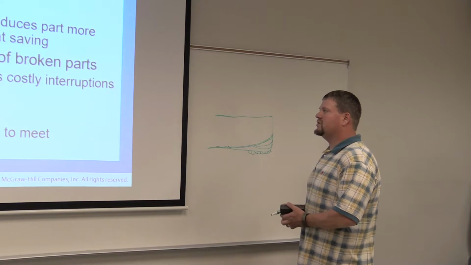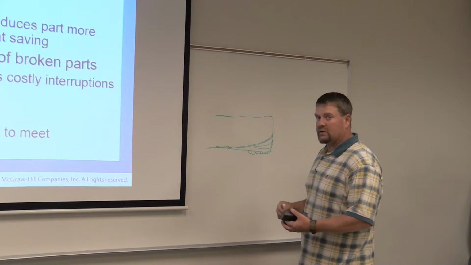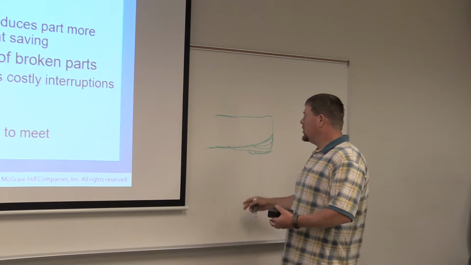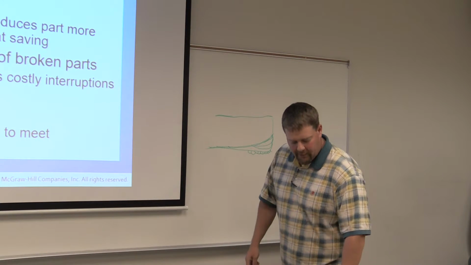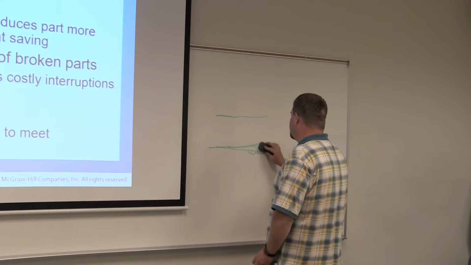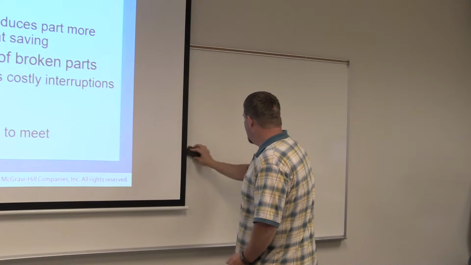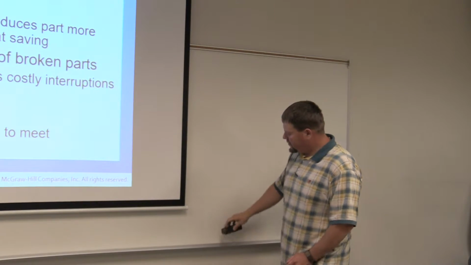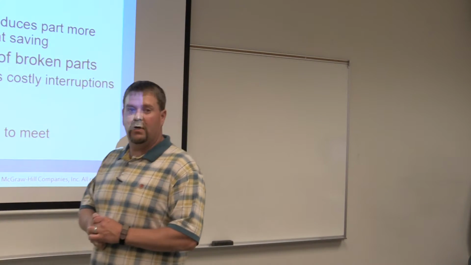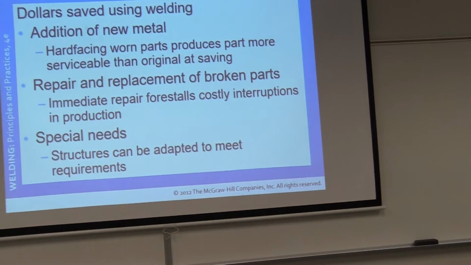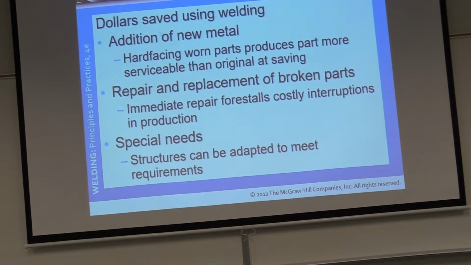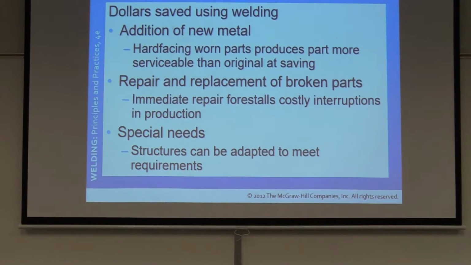You just took a $5,000 part. If you'd had to replace that twice, it would have been $10,000. By welding it up, you still only have the original part in it. Just a quick example of hard facing and why one of your first welds in the welding shop is going to be building a pad. Basically the same thing as hard facing, getting equipment where you want it to be.